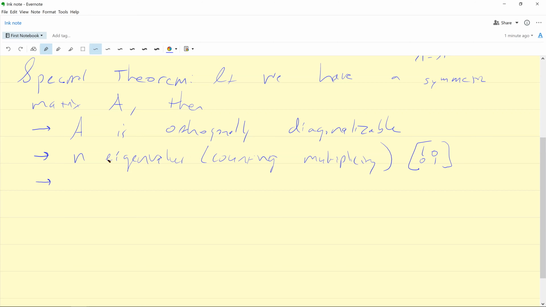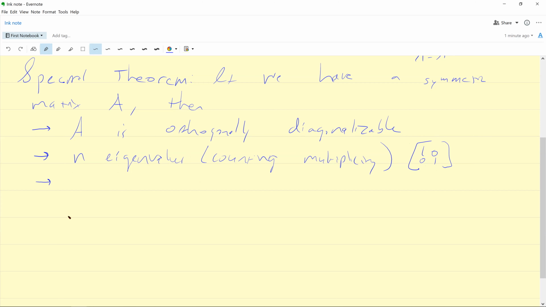So if it's going to be diagonalizable, what else is true about these eigenvalues? They have to be distinct. Or not quite. Remember that we can diagonalize matrices with non-distinct eigenvalues, right? Like I said, the identity matrix works.